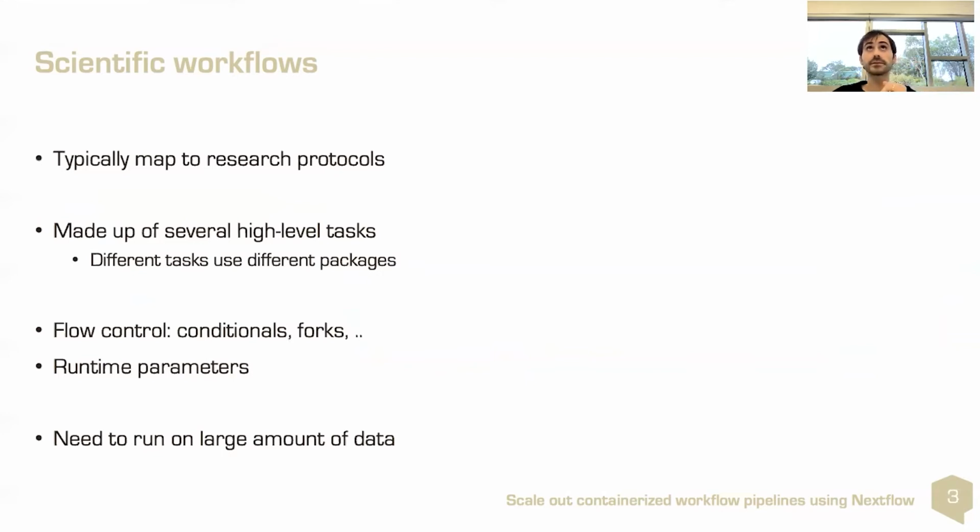For very long workflows, you may need to do restarting of the workflows, because maybe the cluster where you're running has some maximum wall time policies, and then you may need to be able to rerun the task starting from the last meaningful checkpoint. And sometimes you may need to do that because one of the tasks failed.